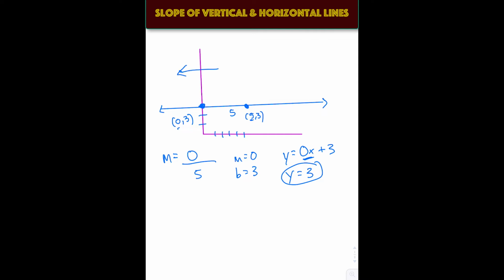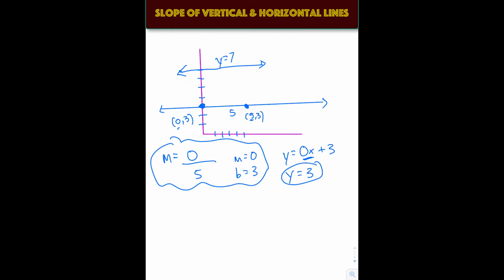We might have one up here. I realize these lines aren't exactly straight, but wherever this crosses, 4, 5, 6, 7, this line is just y equals 7. So when you have a horizontal line, there isn't really the need to find lattice points and find the slope and do all that.